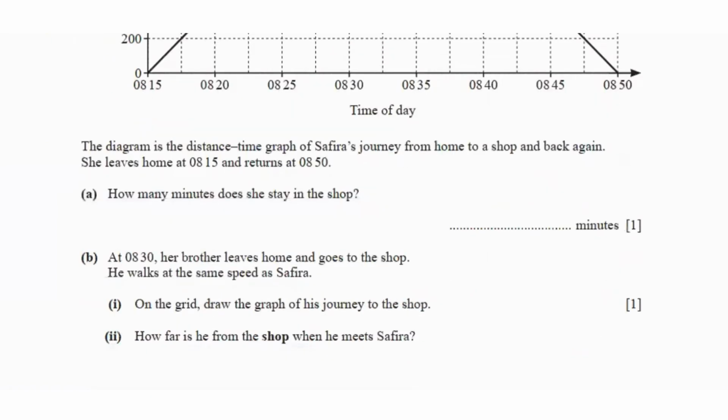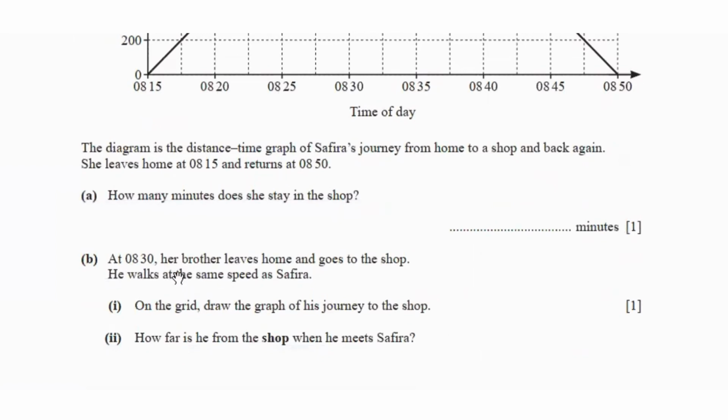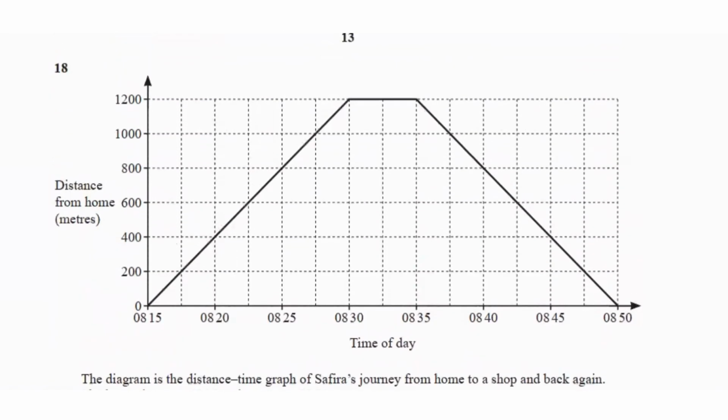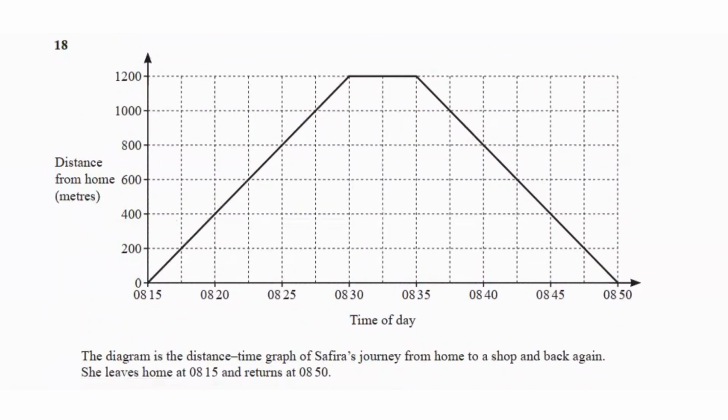Then it says at 8:30, her brother leaves home and goes to the shop. He walks at the same speed as Safira. On the grid, draw the graph of his journey to the shop. How far is he from the shop when he meets Safira? So at 8:30, her brother leaves home and goes to the shop. He walks at the same speed as Safira. Speed is your slope of the distance time graph.